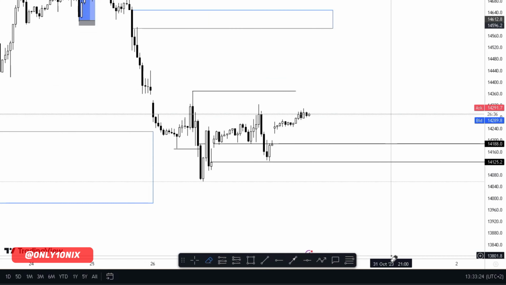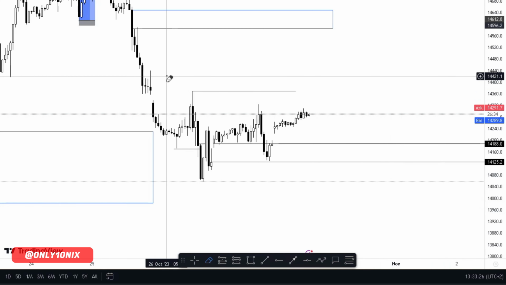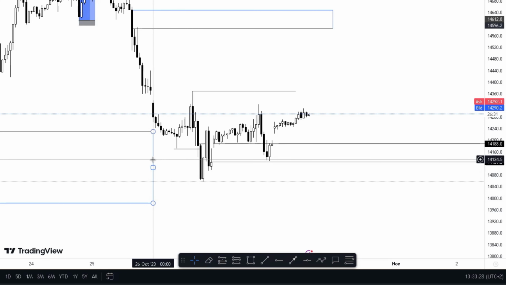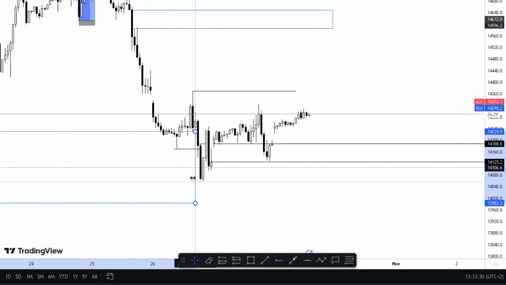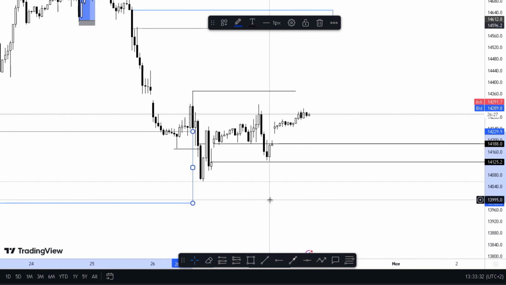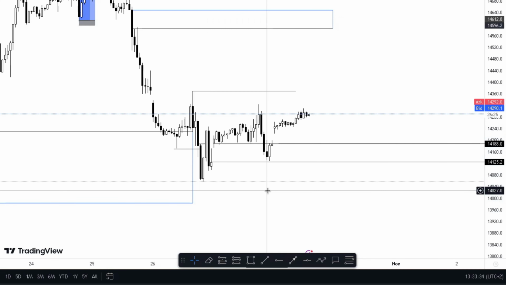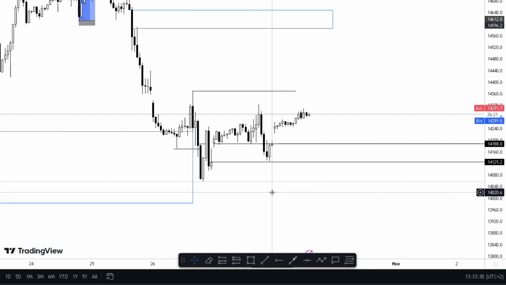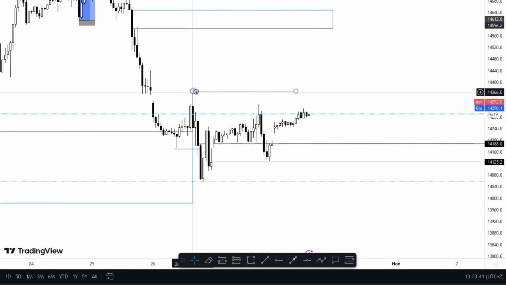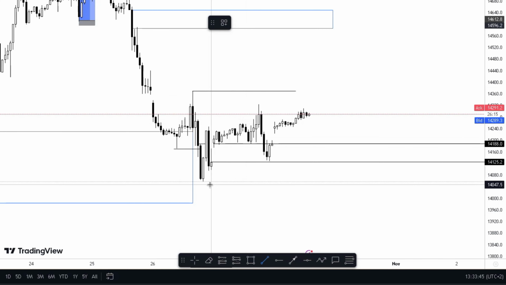Okay, so first things first, we have a point of interest that is being mitigated. It's also a high time frame fair value gap that has been purged. So same thing. All right, I have an intermediary high over here. We have a low, but as the market was moving, the market had a gap here.